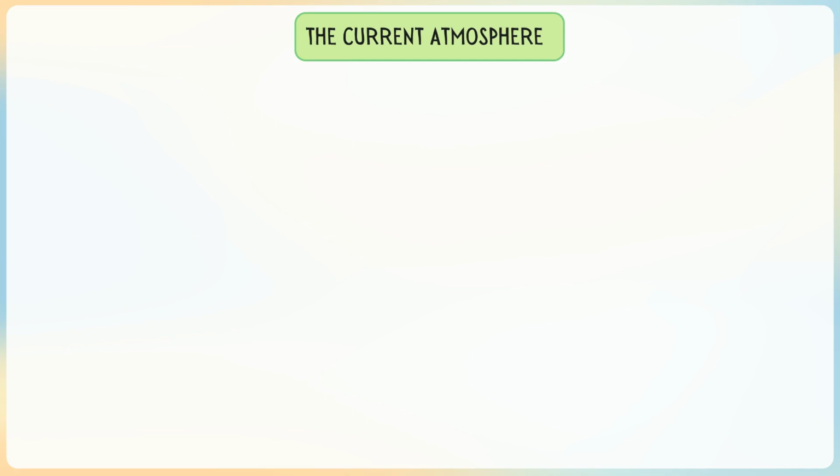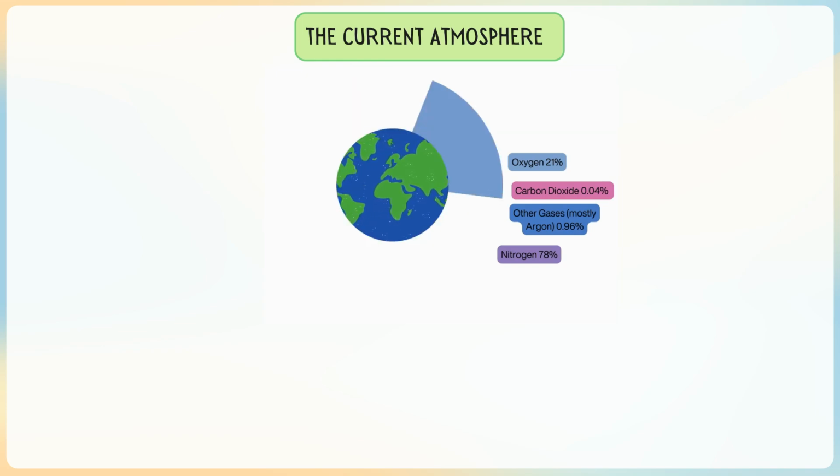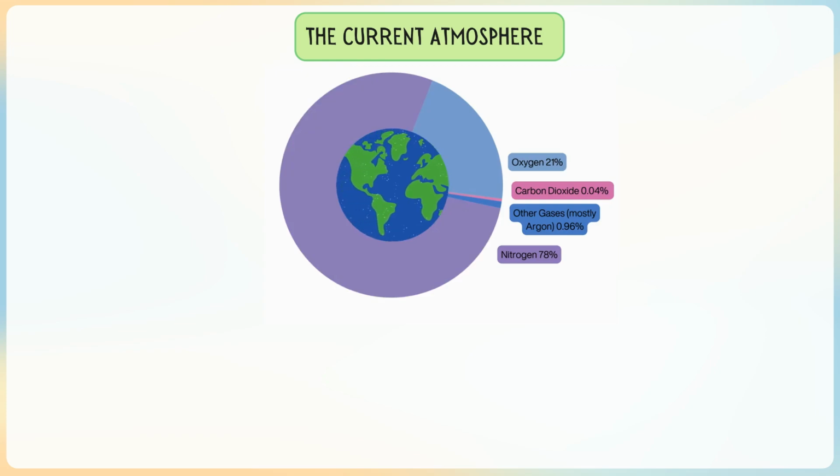In today's lesson, we delved into the current composition of the Earth's atmosphere and its stability over the past 200 million years. We examined the precise proportions of the main gases: nitrogen, approximately 80%, oxygen, about 20%, argon, 0.93%, and carbon dioxide, 0.04%, along with trace gases like neon, helium, and methane.